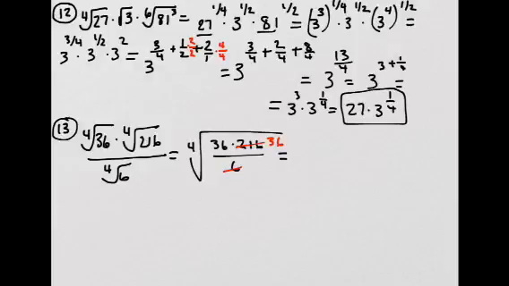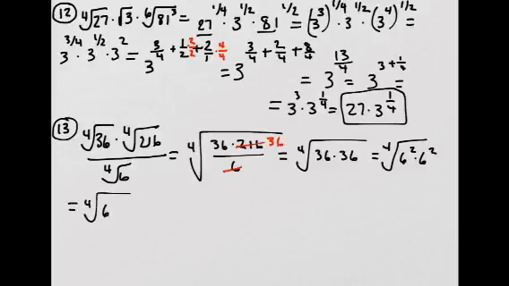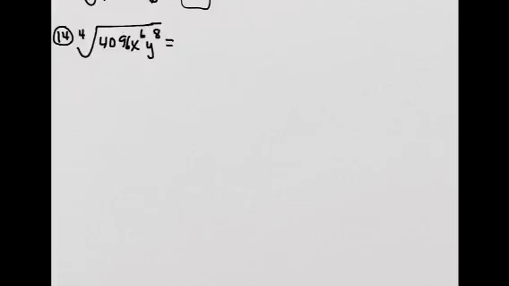So now you have 36 times 36, and 36 could be written as 6 squared. So you've got 6 squared times 6 squared. Well, that's 6 to the 4th. And so this is 6 to the 4 over 4, which is 6 to the 1, which is 6. Alright, so the 4th root of 4096 is actually 8.